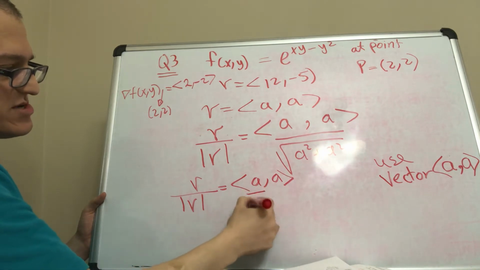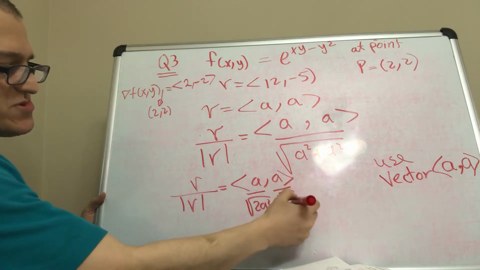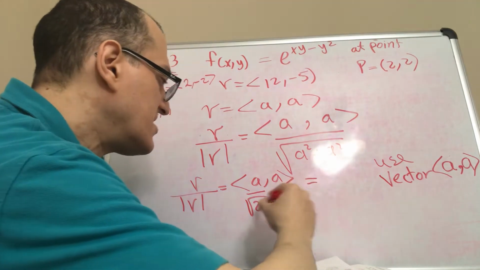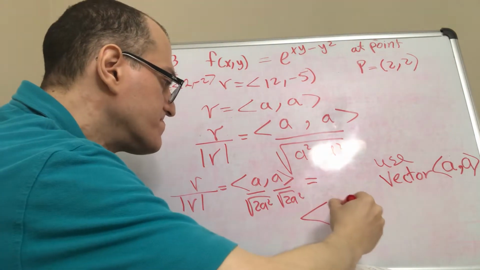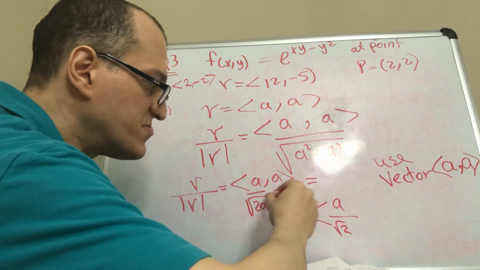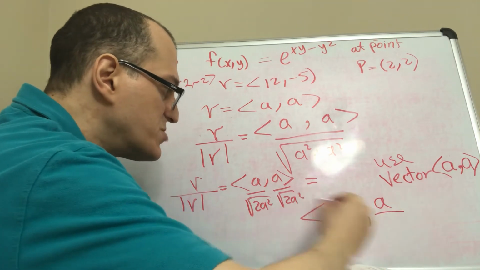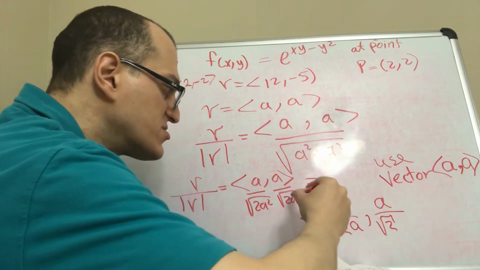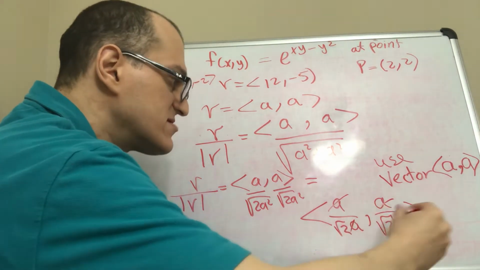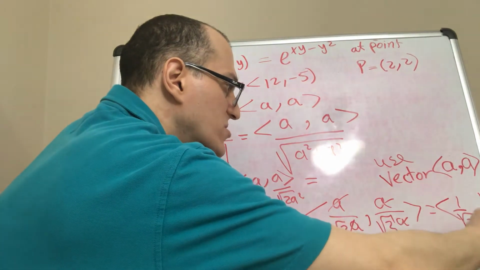So square root of 2a squared and square root of 2a squared. Now, the square root of 2 is square root of 2, and the square root of a squared is a. And here, square root of 2 is square root of 2, and the square root of a squared is a. Cancel, cancel, cancel, cancel. So you're actually doing 1 over root 2, 1 over root 2.